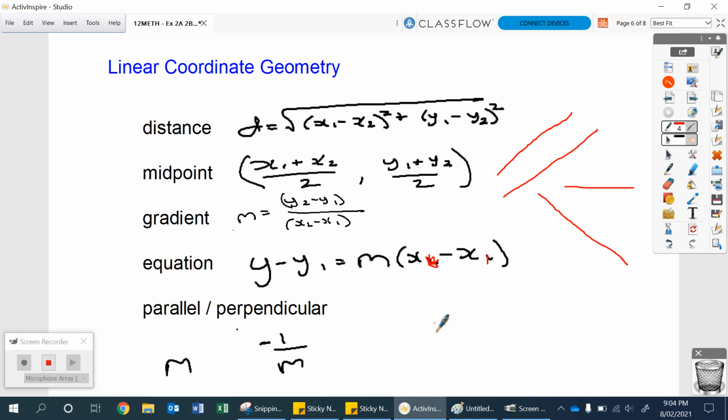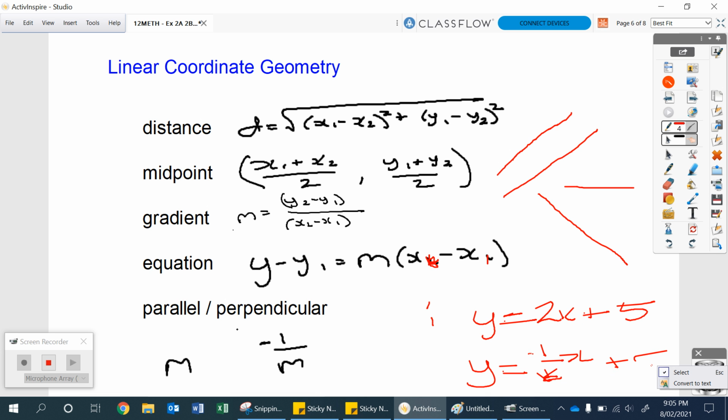So if we got the line y equals 2x plus 5, then y equals minus a half x plus c would be perpendicular.